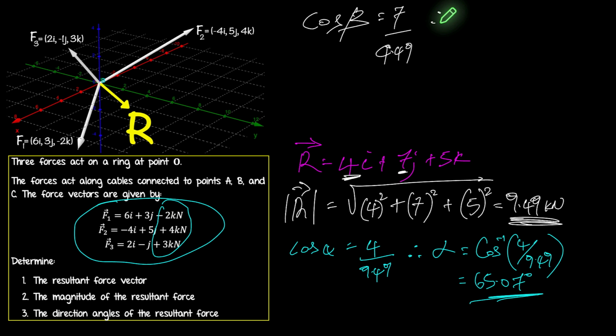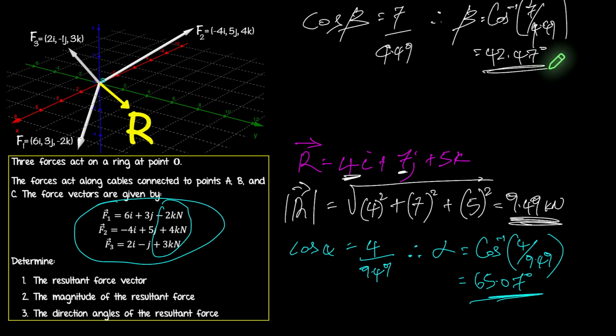So therefore, to get the actual angle, beta is equal to cos inverse of 7 over 9.49. So just putting that in the calculator, cos inverse 7 divided by 9.49, we get an angle of 42.47 degrees.